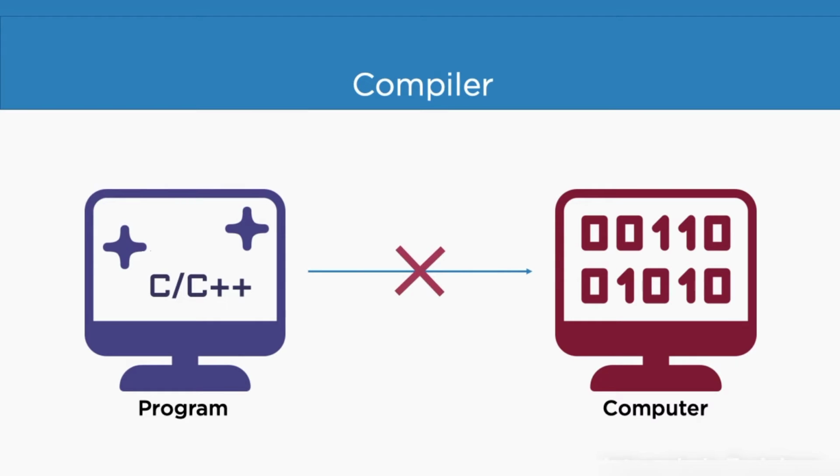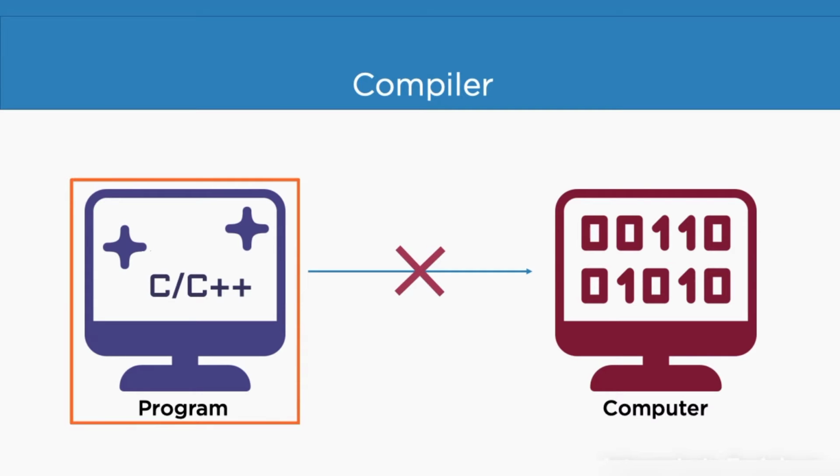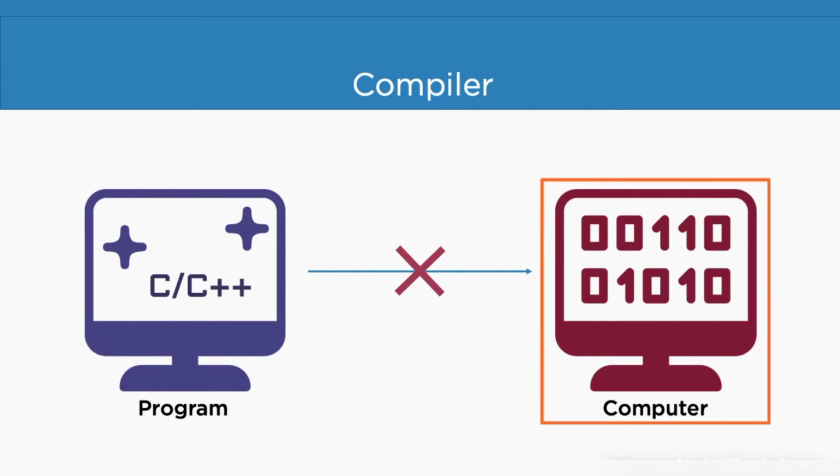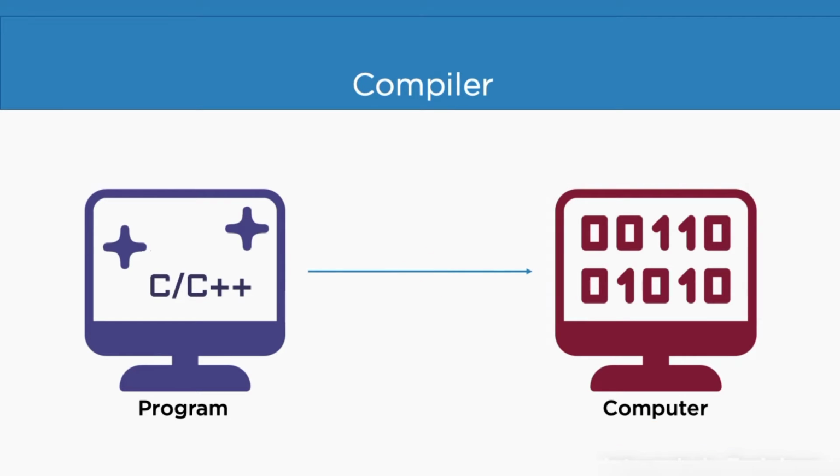But a computer by default does not understand such programming language, because a computer only understands either 0 or 1, that is binary code. Fine. So before we ask the computer to execute our code and run the program, we need to first convert our program into a format which is understandable by the computer. So here comes compiler into the picture.